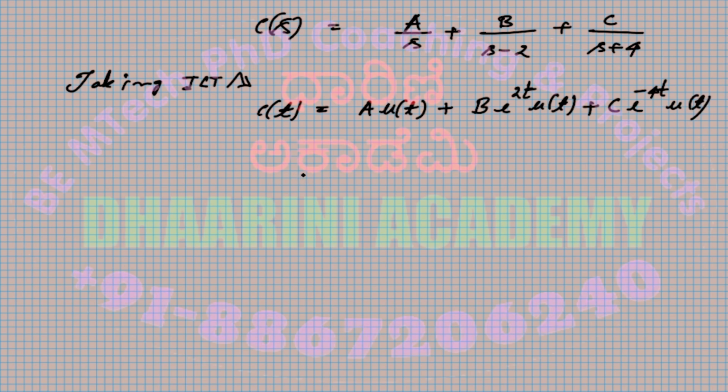In general, I can write it as A plus B into e to the 2t plus C e to the minus 4t. Instead of U of t, I'll write t greater than 0. U of t exists only on the right side of the y axis. So this is the answer.